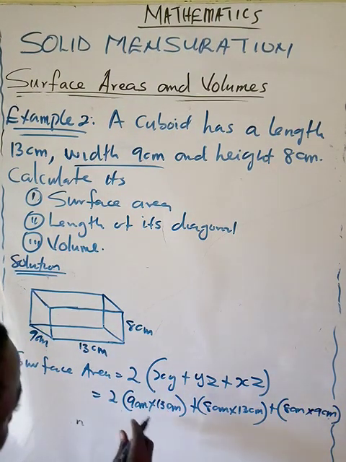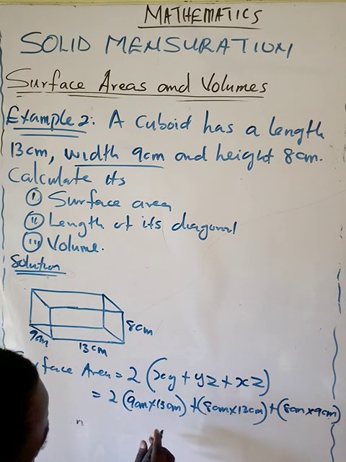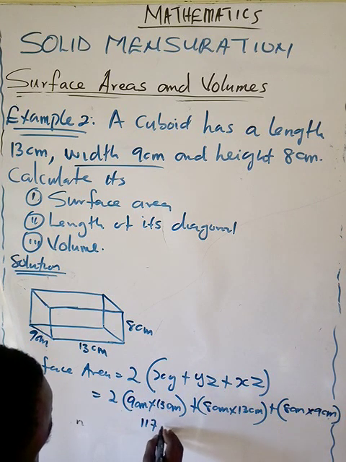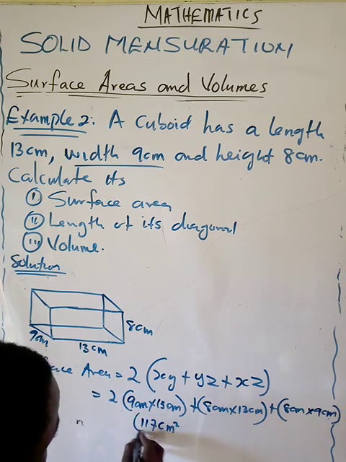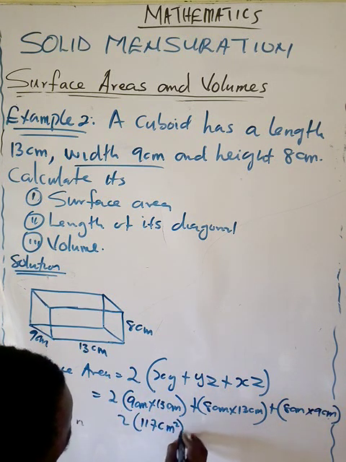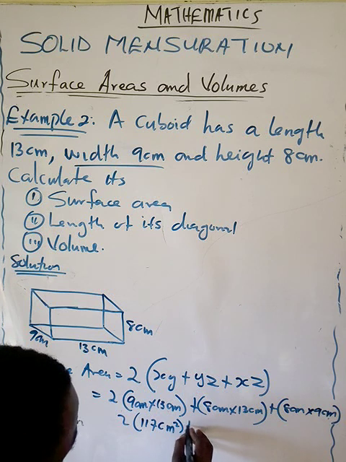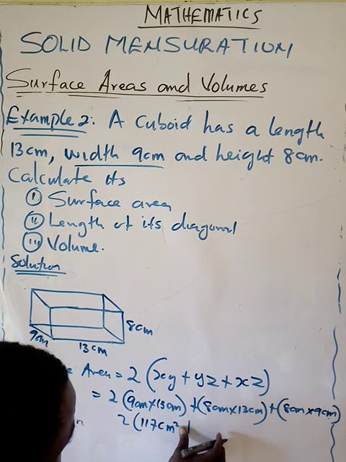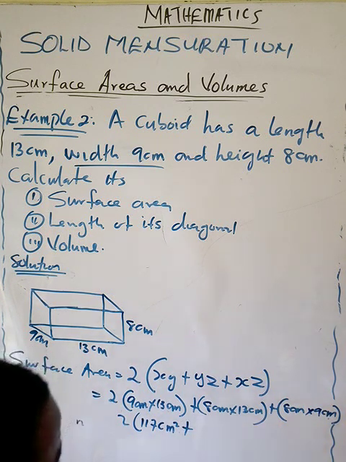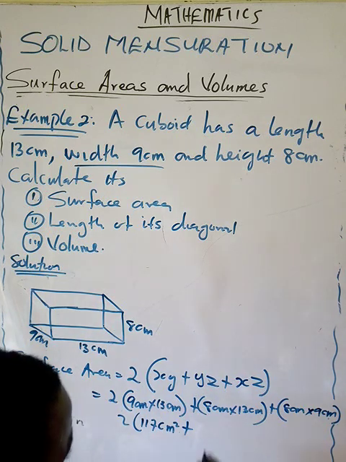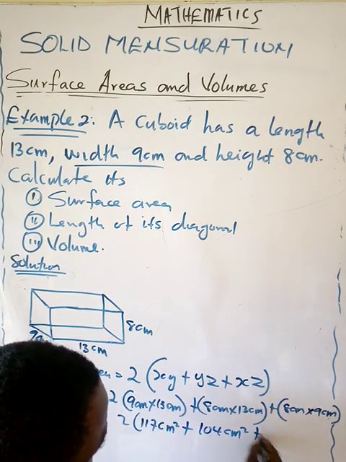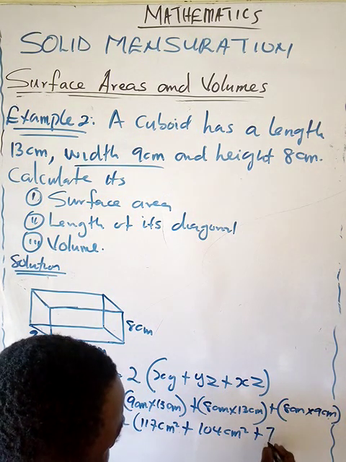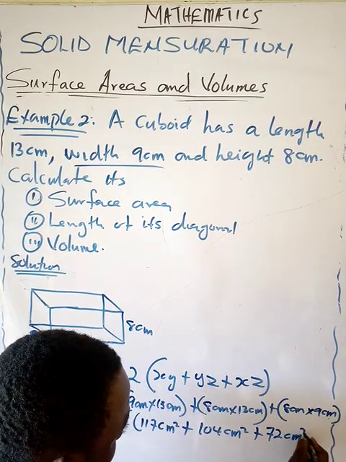So 9 times 13 will give us 117 centimeter squared, plus 8 times 13 will give us 104 centimeter squared, plus 8 times 9 is 72 centimeter squared.